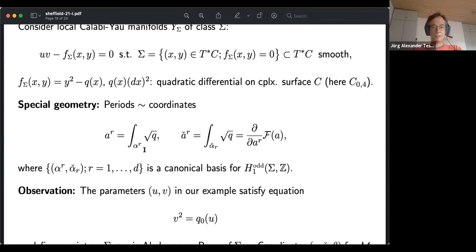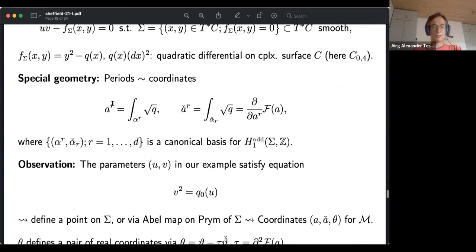I just wanted to consider the single coordinate case. The index R would appear if we had more complex structure deformations than in our favorite example. In any case, the picture is very uniform: we're just taking a canonical basis for the odd homology of this spectral curve.